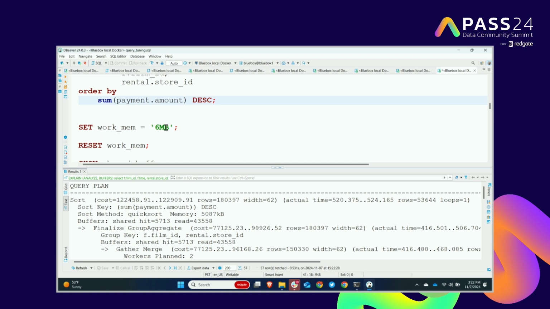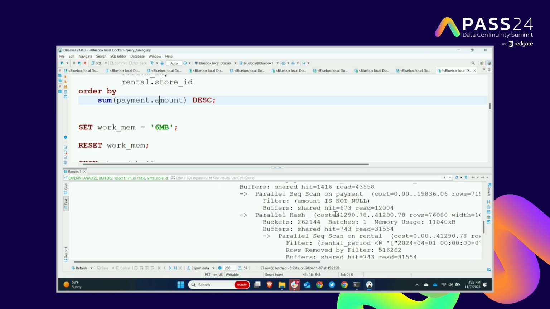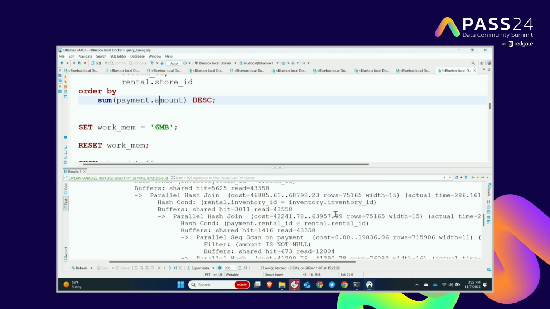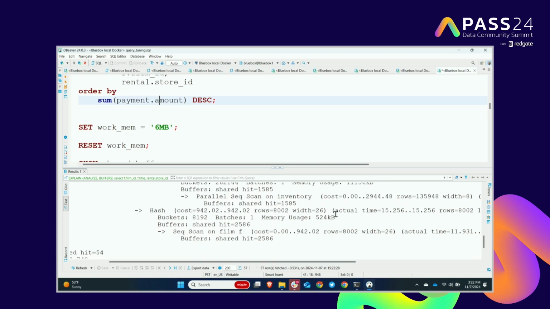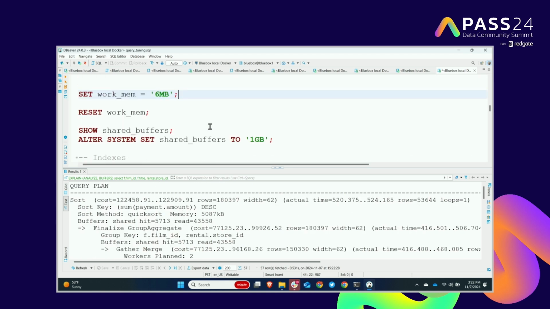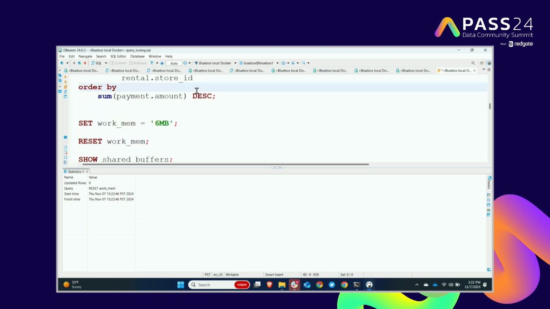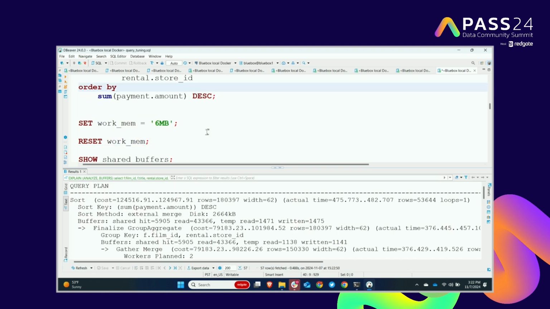Okay, well, you know what? Maybe down here. Somewhere there's still an external when I was running this previously, but well, how's that for a demo, huh? Anyway, obviously if I reset it to 4, which is where it was, I don't get it. And we're back to an external sort.